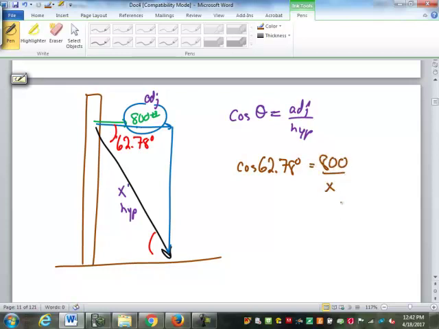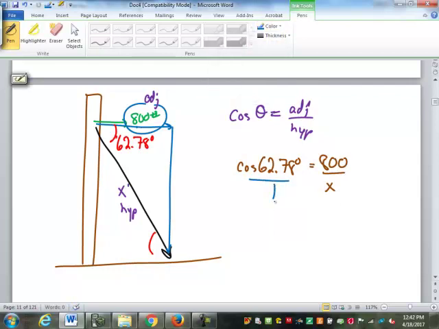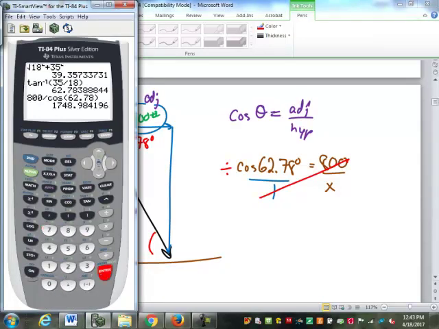We are looking for the hypotenuse. Here is where we make this into a proportion by putting that over 1, and we just cross multiply. 1 times 800 is 800, and we divide by the cosine of 62.78. So 800 divided by cosine 62.78. So that cable is going to have about 1,750 pounds on it.